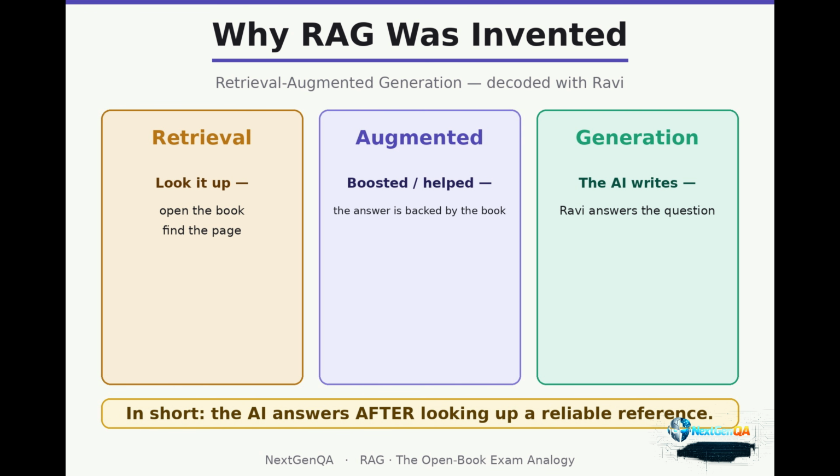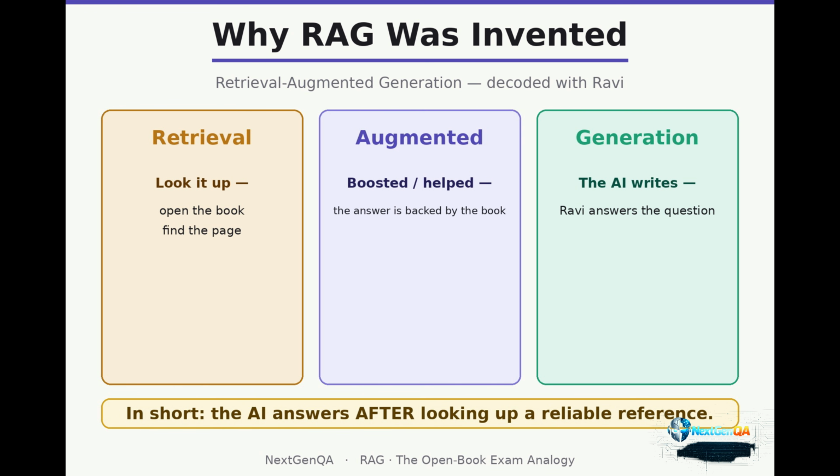Now think about what this fixes one by one. Frozen memory, solved. We can put fresh, up to date pages on the desk. Not specific to you, solved. We can hand it your company document, your notes. Fuzzy on details, solved. The exact number is right there on the open page.